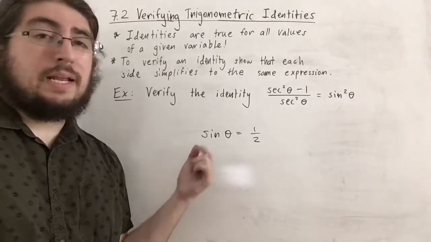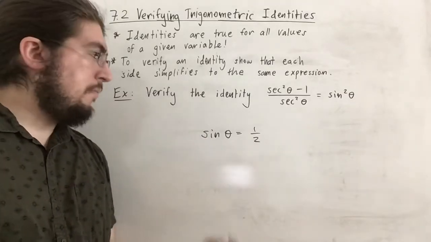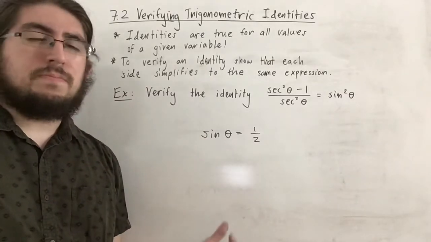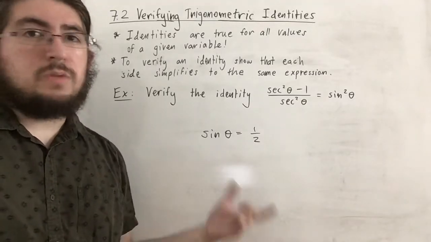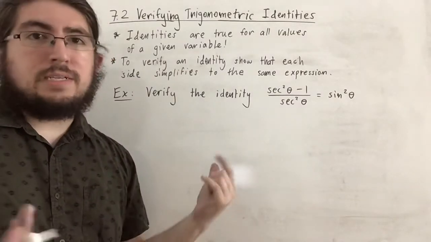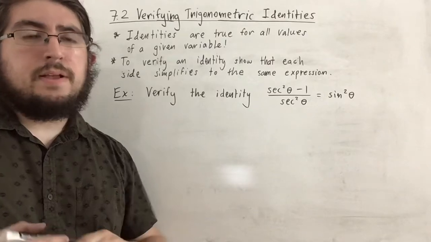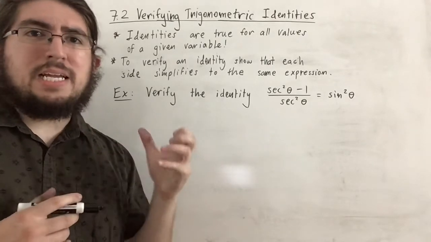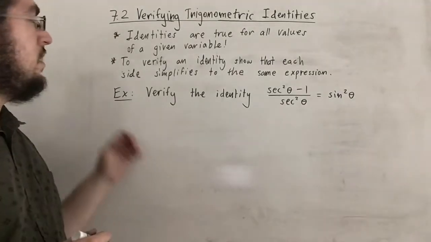For instance, when theta is pi over 6, or even 5 pi over 6, this holds. But if it's, let's say, 0 or pi over 2, this is not true. Whereas a Pythagorean identity, for instance, is true for all values of theta, no matter which value you pick. So that's really the difference between an identity and a conditional equation like the one I just showed you.